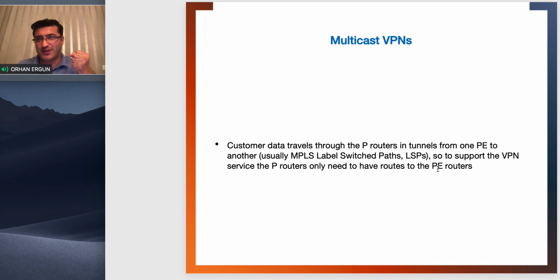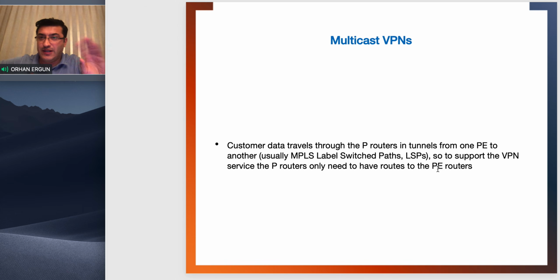Otherwise you can remove the P device and PEs can be directly connected, and we call it a one-hop LSP. But scalability is the reason you use it. When PEs connect directly, they will know each other, you will assign IP, they can talk with each other. But now PEs are apart, and in the middle you put the P device.